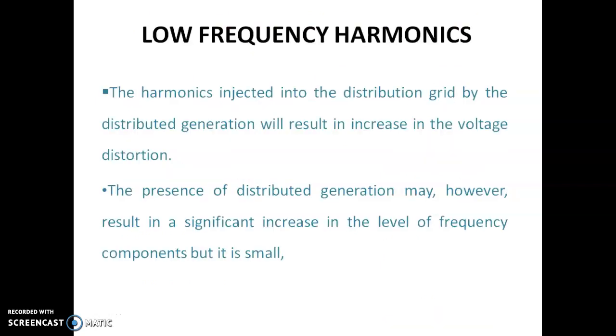The harmonic emission of distributed generation is low. We'll justify that with an example. Take a wind power plant using a generator. The harmonic emission of a 30 kilowatt wind turbine together with the capacitor bank has a total current harmonic distortion of 5% to 6%, with the 5th, 11th and 13th harmonics being the dominant ones.